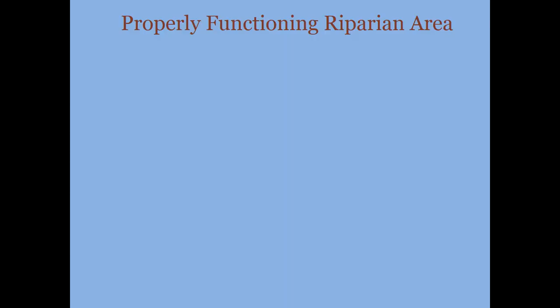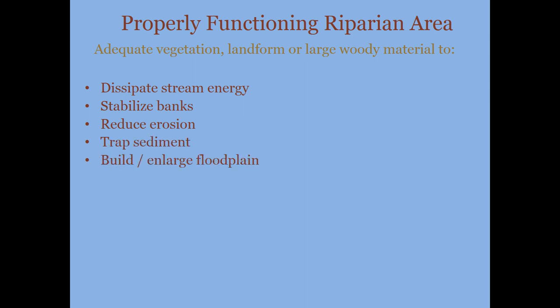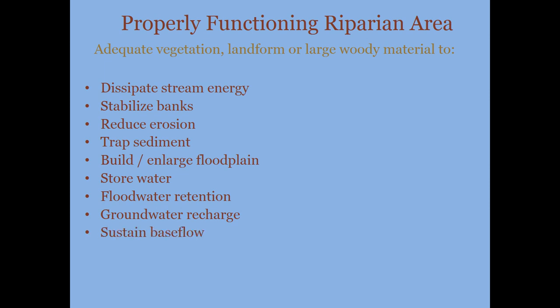Much of this course will focus on physical function. A properly functioning riparian area along moving water is defined as one that has enough stuff. Vegetation, landform, large woody material, all enough to first and foremost dissipate stream energy, stabilize banks, reduce erosion, trap sediment, build or enlarge the floodplain, store water, floodwater retention, groundwater recharge, and sustain base flow.